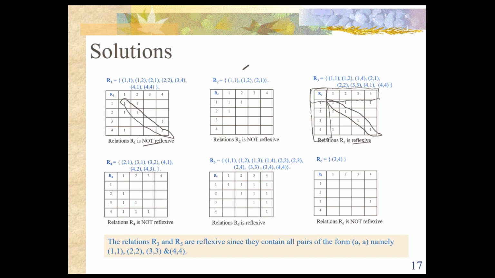So we do the mapping between the rows and columns based on these values on the left and on top of the cell. Like this one, is there a value between 1 and 1? Yes. 1 and 2? Yes. But we actually are not bothered by what is happening outside the reflexive line.